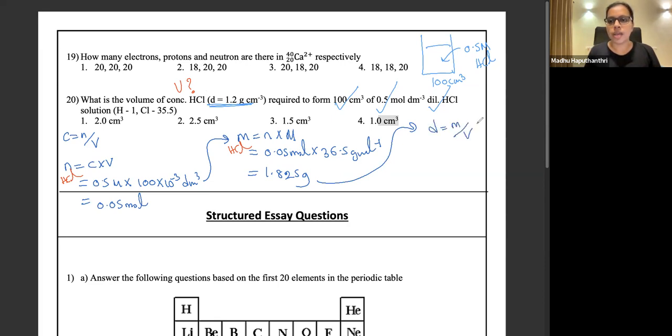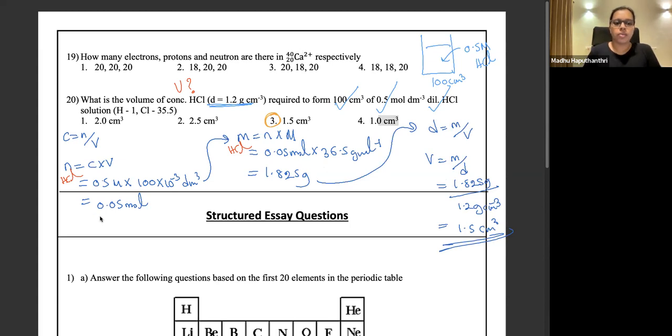Density is mass over volume. Volume is equal to M over D. Mass is 1.825 grams. Density is 1.2. Then volume will come as 1.52, but here I have given it only up to the first decimal point. This is the answer.